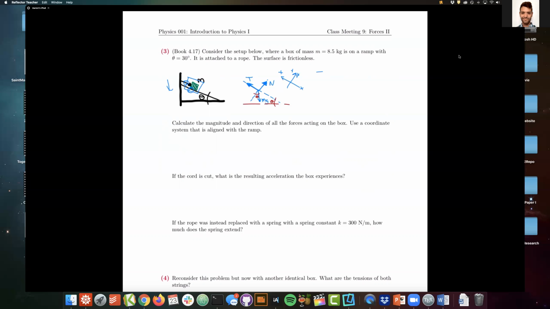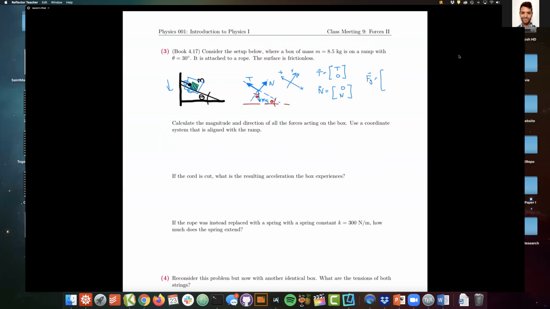In that case, the tension looks like it's only along the ramp itself pointing upwards, and there's no vertical component, again vertical meaning off the ramp, what I drew as y there. Similarly, the normal force does not point along the ramp, but it does point perpendicular to the ramp, positive off the ramp.